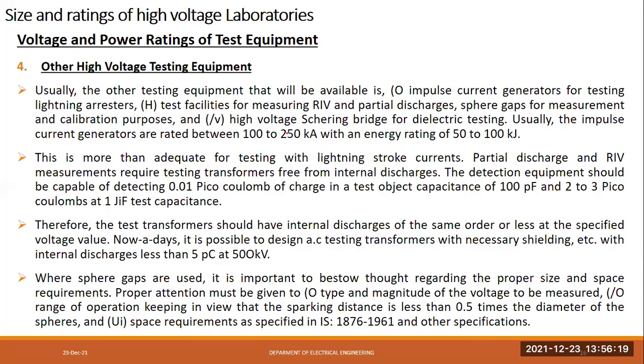In the impulse current generator, the current should be around 100 to 250 kiloampere with an energy around 50 to 100 kJ. In such cases, there are lightning strokes, and due to that there may be a heavy current, and partial discharge measurement is required, and RIV.